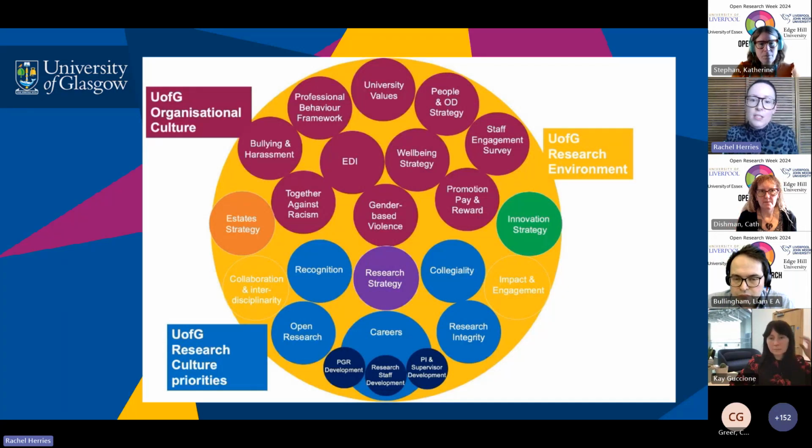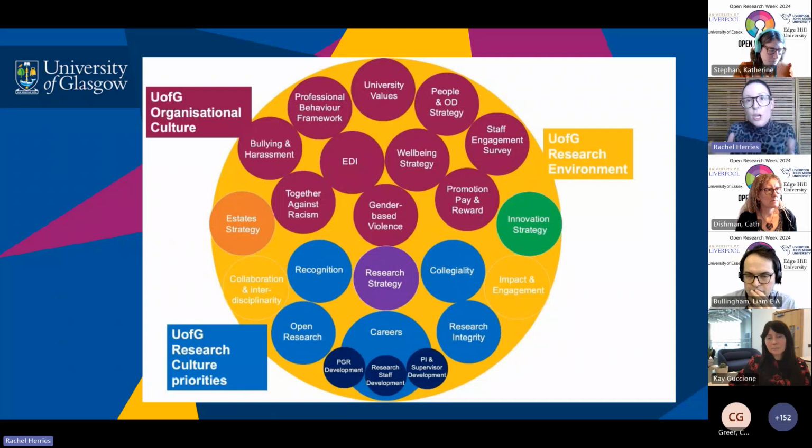And so we've got our partners and our allies who have that ownership and the responsibility for these elements. And those organisational culture elements with our research culture priorities all connect together with the estate strategy, for example, and the innovation strategy to make the research environment.